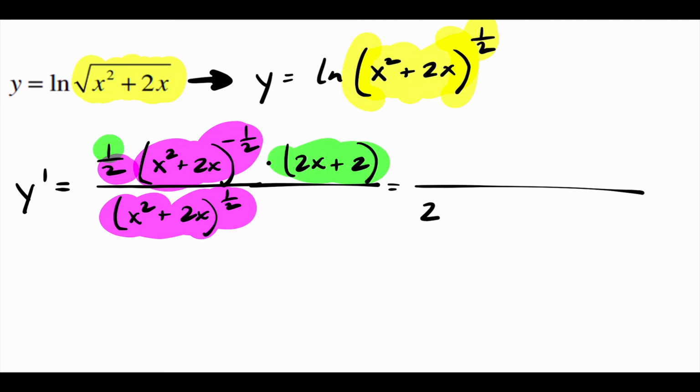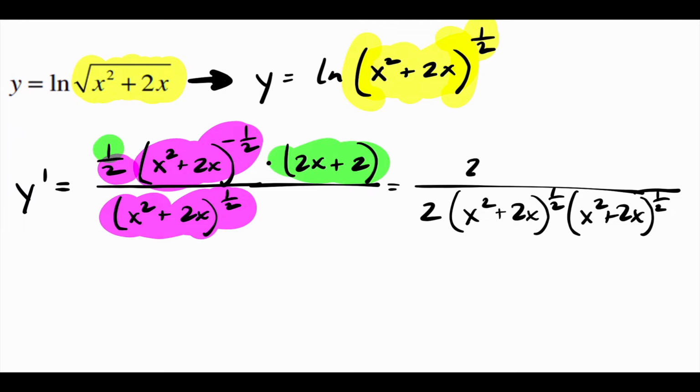So at the bottom is going to be 2, and then x squared plus 2x to the 1/2, and then x squared plus 2x to the 1/2. And on top, the green stuff, I have a 1, but I don't need to write that because if you distribute a 1, you just get itself.